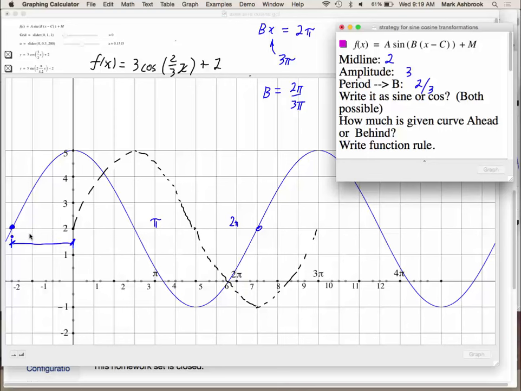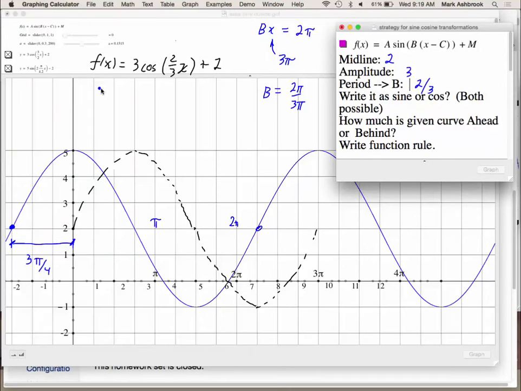So how much ahead is our graph? 3 pi over 4. Each one of these lines is pi over 4, and there's 3 of them. So our graph, the one we were given, is starting ahead of, or leading this unshifted sine by 3 pi over 4.